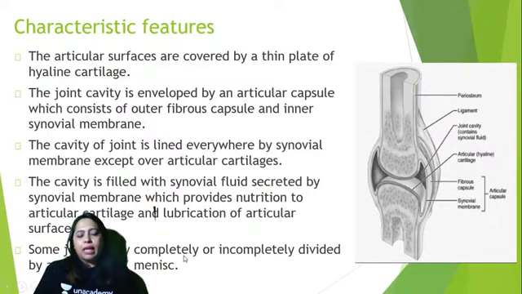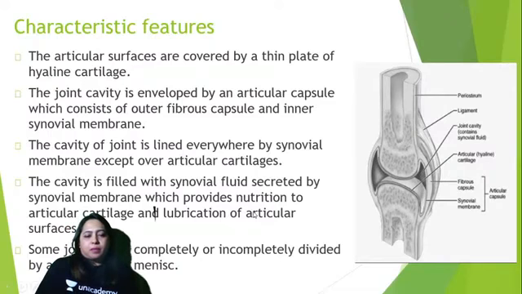And some joint cavities are completely or incompletely divided by an articular disc or menisci. I was talking about this only. If the articular disc or menisci divide it, then it comes under the category of a compound or complex type of joint. If it is divided by menisci, it comes under the category of a compound joint. If there is an articular disc dividing the joint, then it becomes a complex joint.